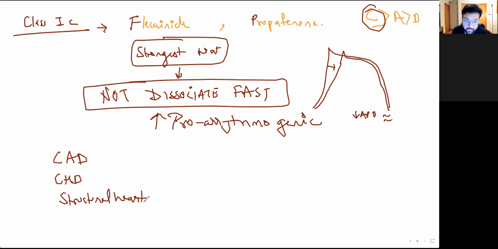So you cannot give flecainide and propafenone if somebody has left ventricular hypertrophy, interventricular septum hypertrophy, right ventricular hypertrophy, left ventricular failure, or left ventricular dilatation. If the patient just has atrial fibrillation, and otherwise everything is normal, then you can give this to maintain sinus rhythm. Structural heart disease is a no, no, they are contraindicated.